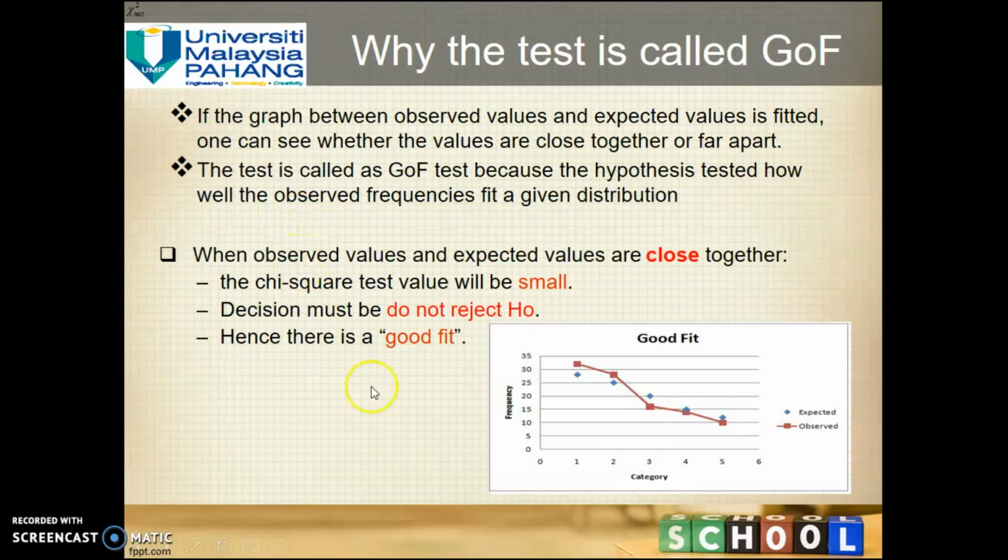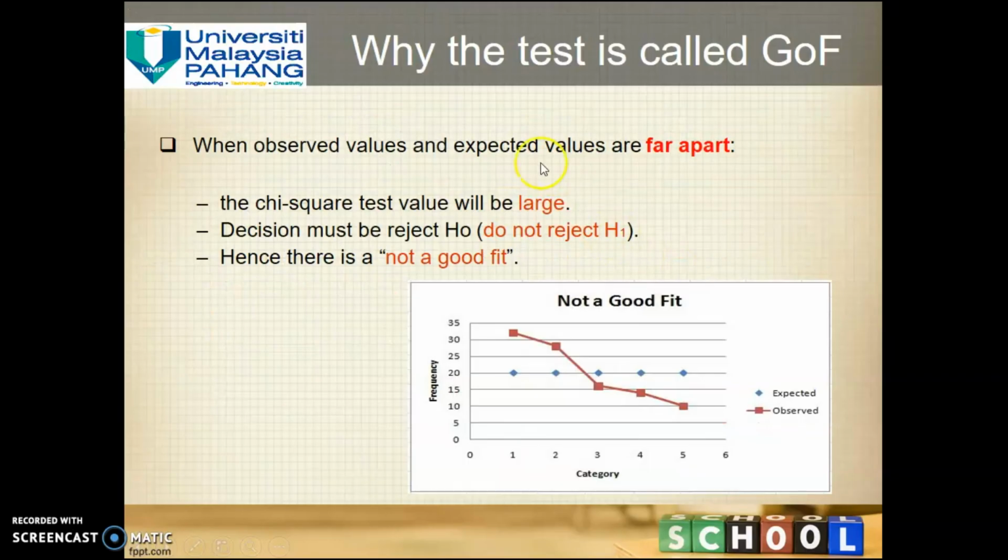A good fit is when the observed value and expected value are close together. If the observed value and expected value are far apart, then if you sketch it, you will have this kind of figure. They are far from each other, so we have not a good fit data. How do we know they are far from each other?